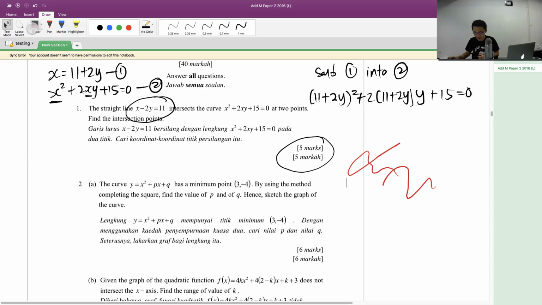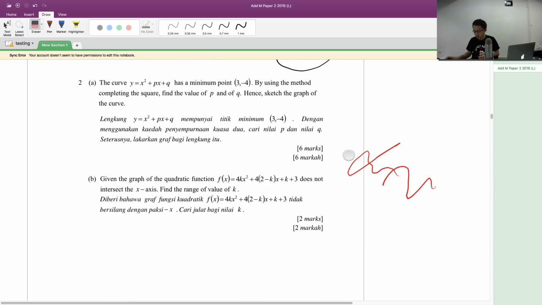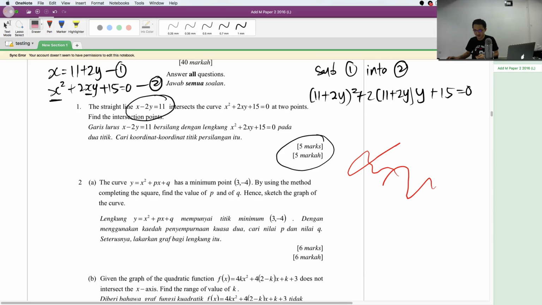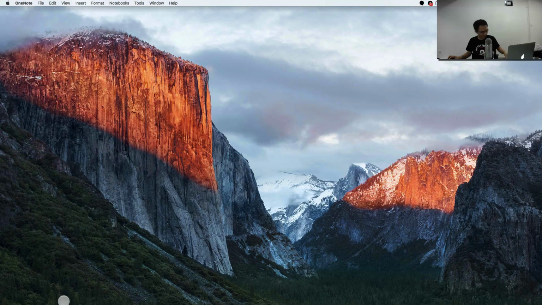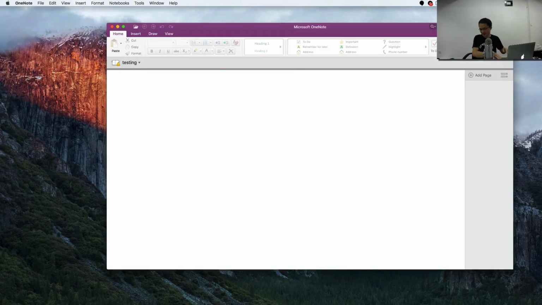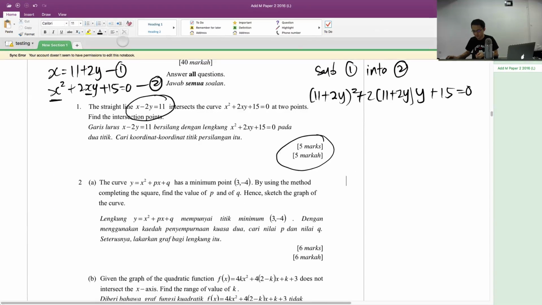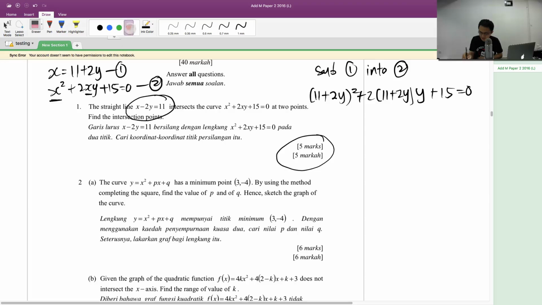Why can I not erase what I draw? Okay, it's fine, I'll just draw carefully. Yeah, now it's okay.